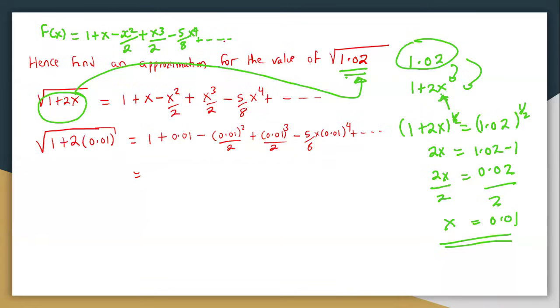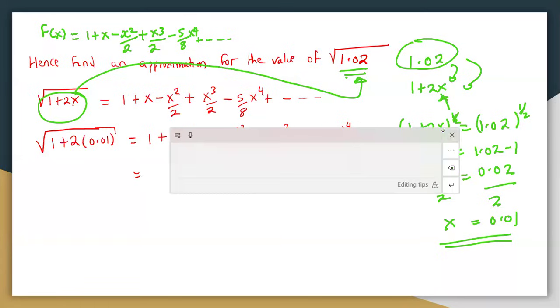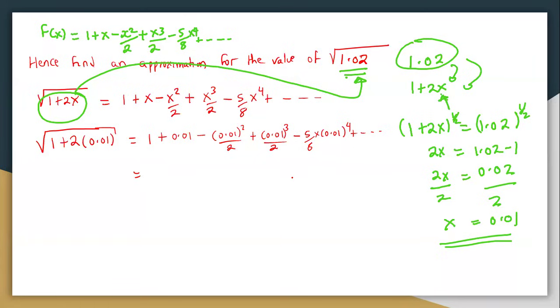Okay, some answers have come in the chat. 1.00995. Okay, so you have 1.0099504 maybe something like that.